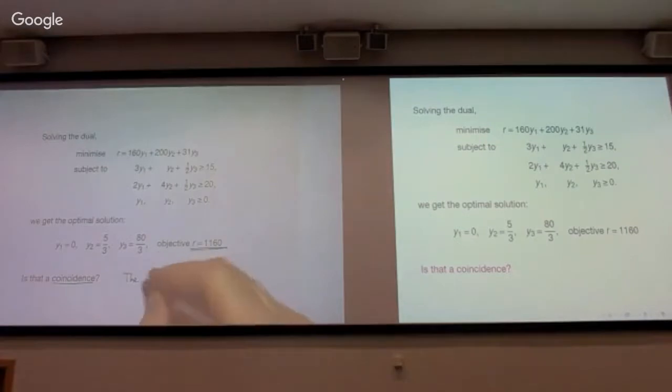So the optimal solution to the thing which is called the dual, the new one, has the same objective value as the old one.